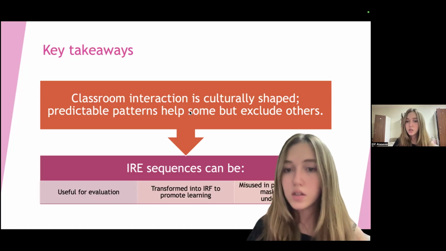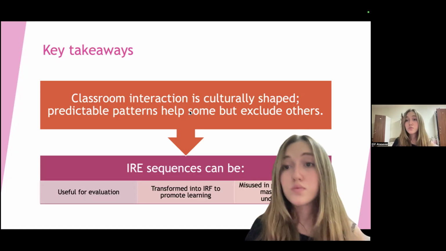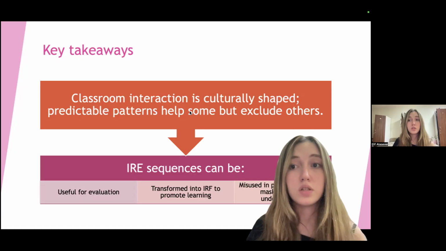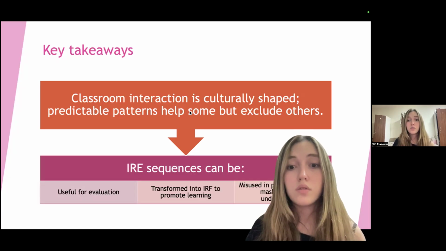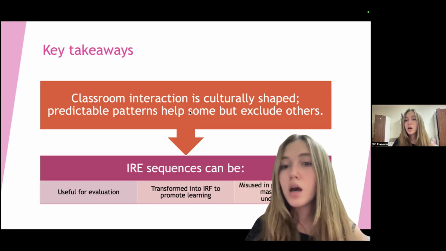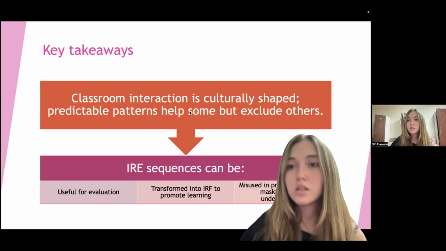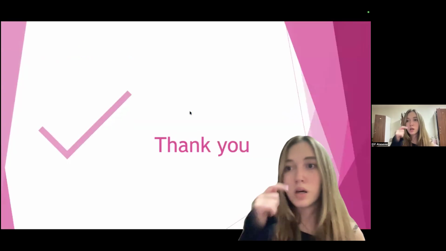And also, IRE sequences can be useful for evaluation, can be transformed into IRF, which is initiation, response, and feedback, rather than evaluation to promote learning, and can be misused in procedural display, masking lack of understanding. And I think that's all I'm going to talk about in my presentation.